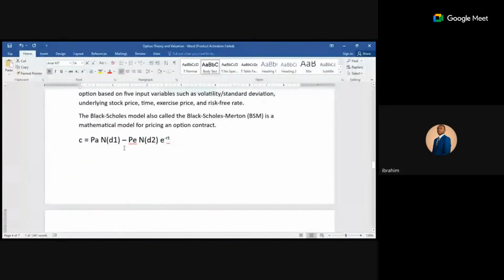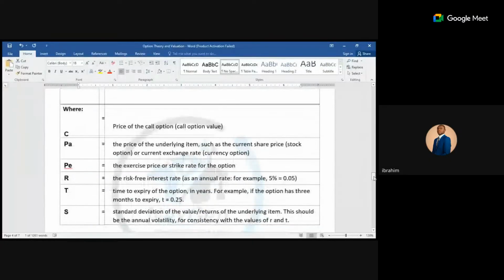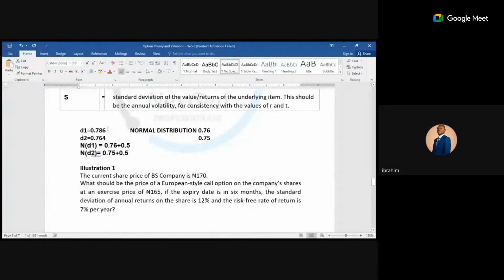So you bring the value ND1 and ND2. Class. When your D1 is positive, you add 0.5 to what you have in your normal distribution table.